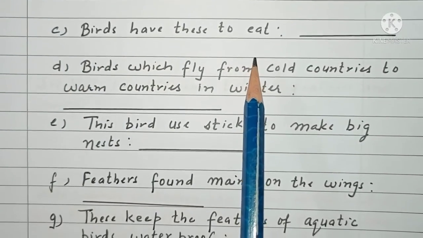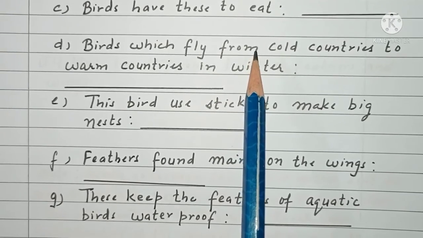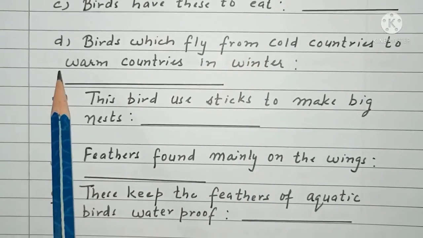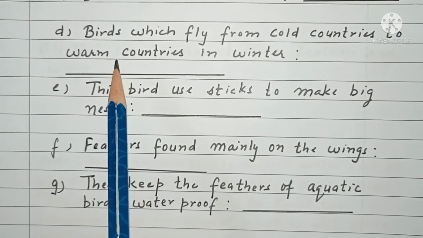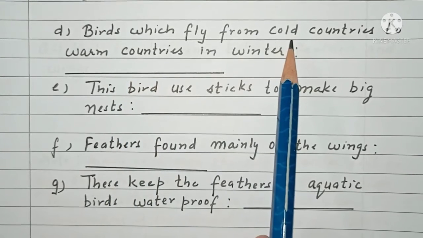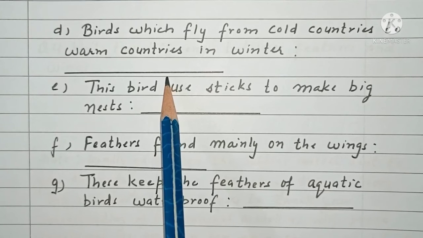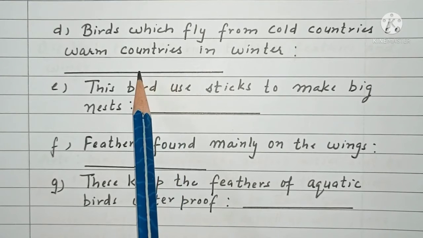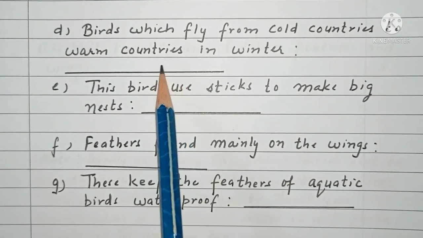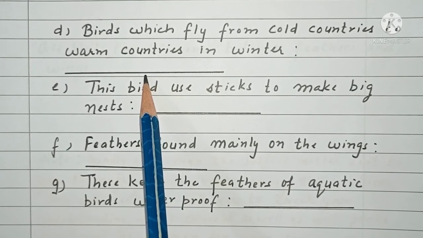Like we have mouth to eat, what do the birds have to eat? And then D part, what is the name given to the birds which fly from the cold countries to warm countries in winter? You know this movement. So what is the special name given to these birds which are flying from the cold countries to warm countries? And most of the birds, they are flying to Indian subcontinent.